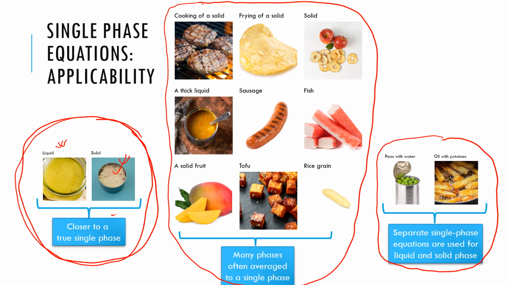So for example, in this peas with water, we could do the solid phase and the liquid phase simultaneously. So that's another way that the equations that we develop may look simple, but they can be used in a lot more complex situations.